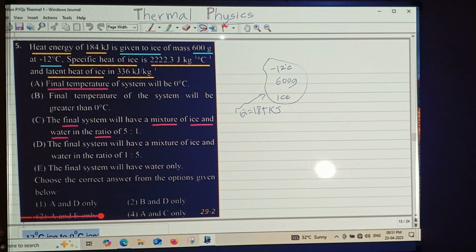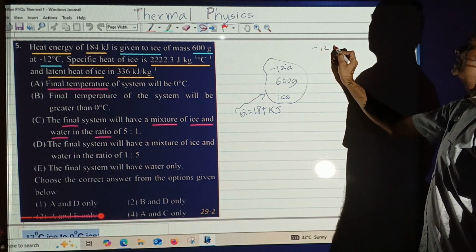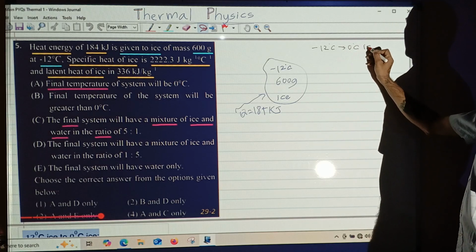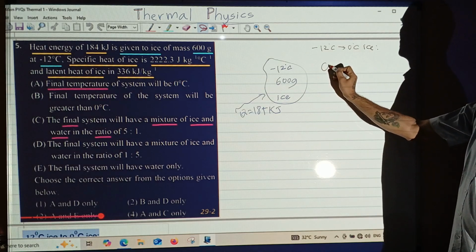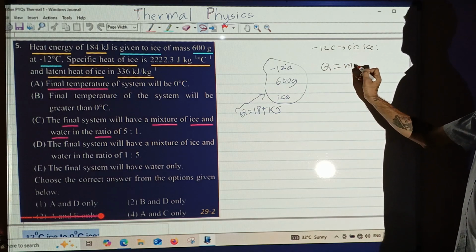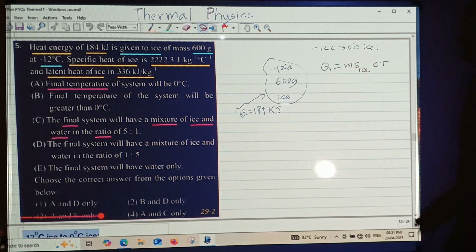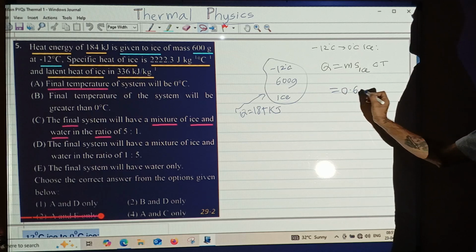So let us find out the amount of heat required for different steps. The first step is to convert minus 12 degrees Celsius ice to 0 degrees Celsius ice. The amount of heat required for this is mass times specific heat of ice times the temperature rise, delta T. Here the mass is given as 600 grams, which in SI unit is 0.6 kg.